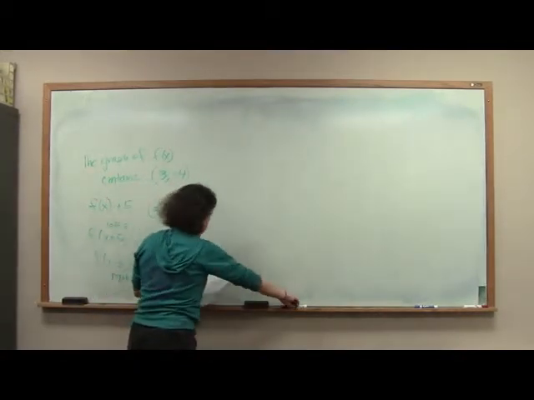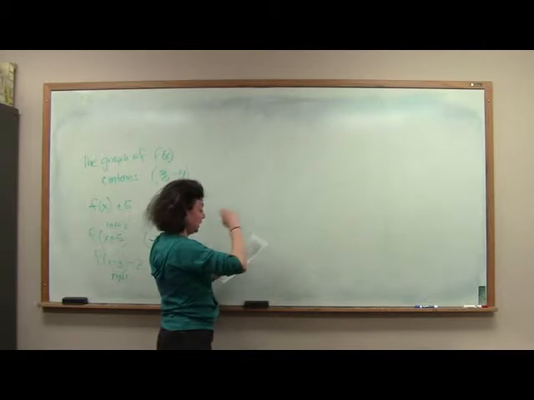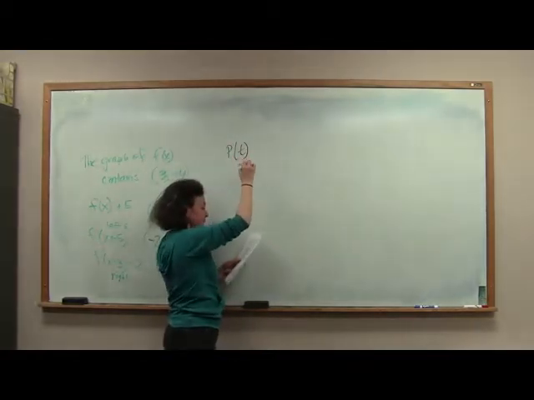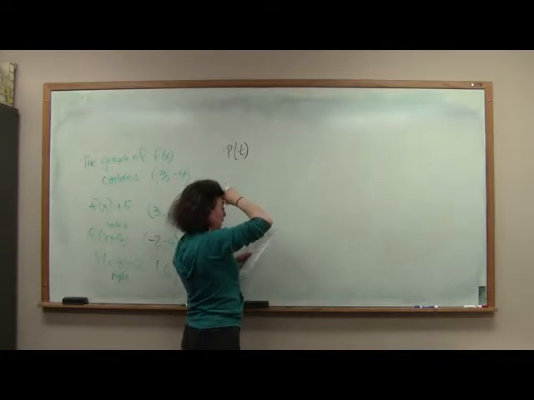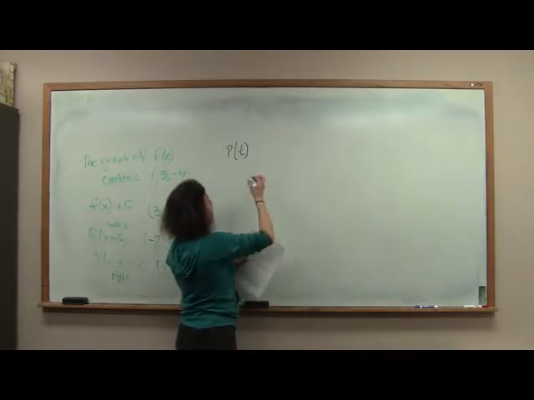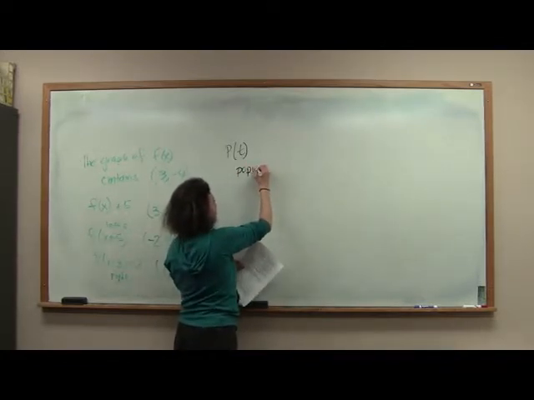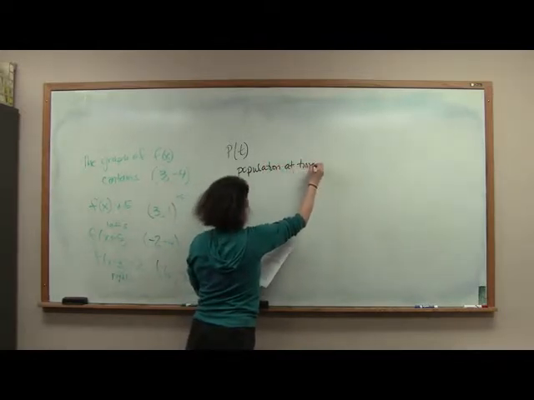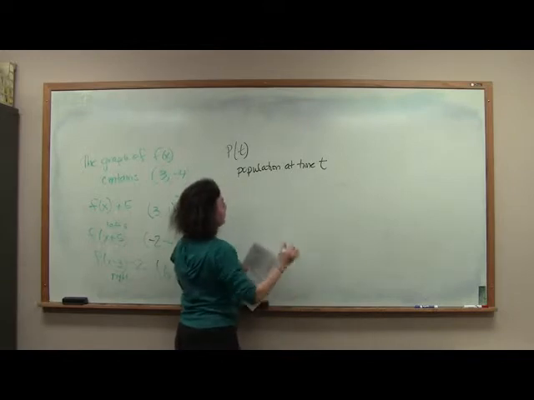And let's start here. Okay, what we're going to say is that suppose P of t is the population, in other words, the number of people at time t.